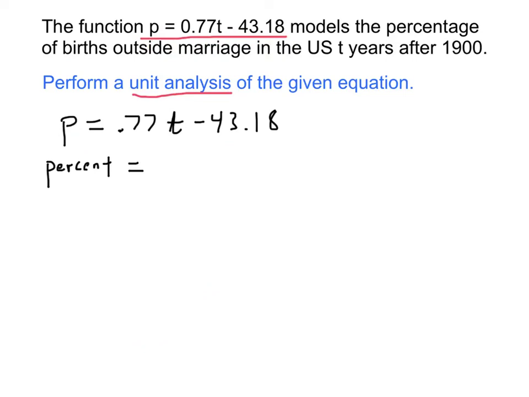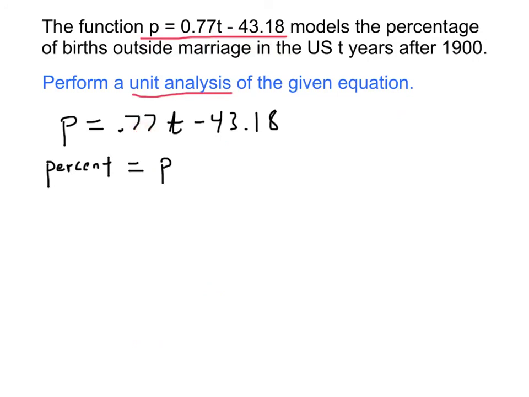Now let's look at the right side of the equation. Let's start with this number 0.77. Now remember, that's the slope, and that's a rate of change. So the units on that are the y units per the x units. The y units are percent, and the x units are years. So that's percent per year. I'm going to write that as a fraction, because the word per really means divided by.